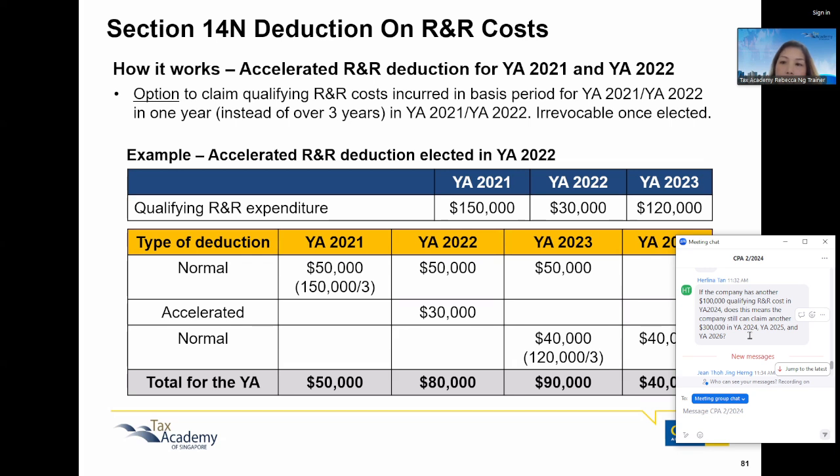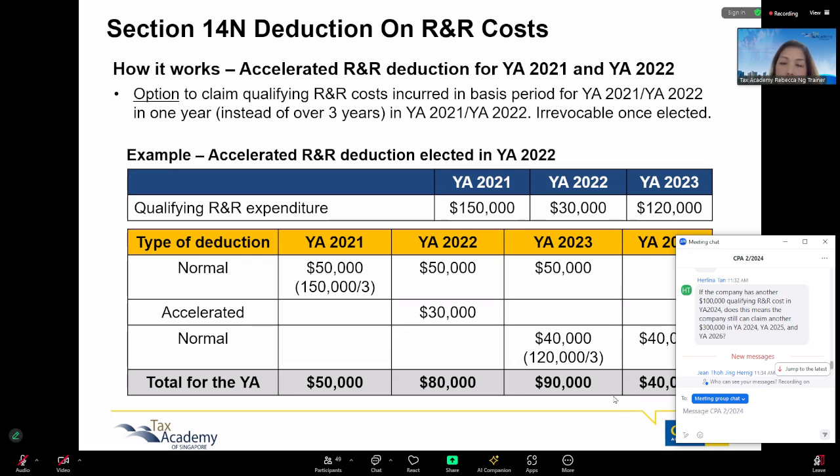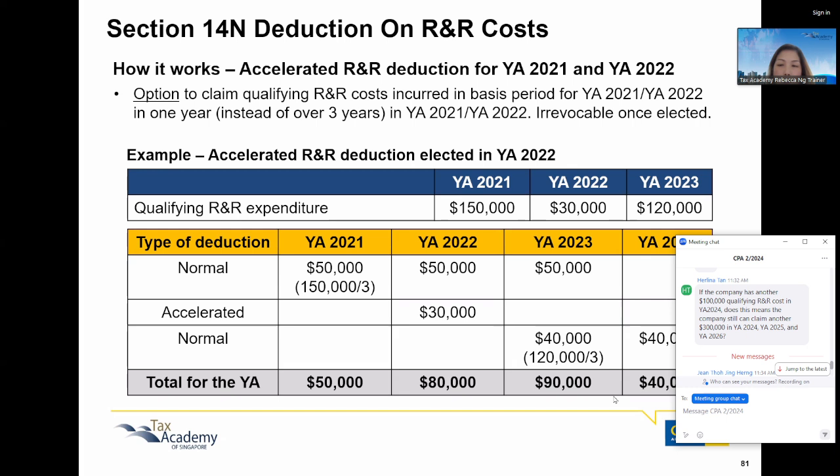If the company has incurred 100,000 in YA 2024, then we will have a new 300,000 for YA 2024 to YA 2026. So that 100,000 is within that 300,000. If the company elected for accelerated claim for YA 2024, the full 100,000 can be claimed in YA 2024. If the company did not elect, then it will be 100,000 divided by 3 years, claimed over 3 years.